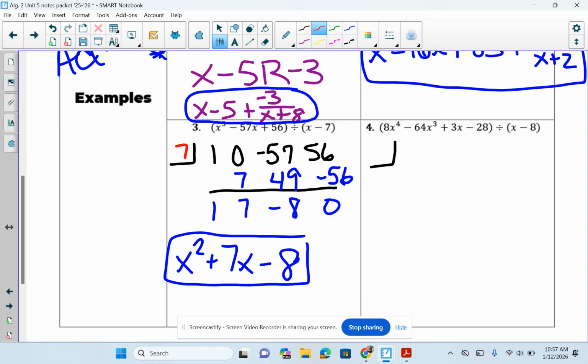What goes in the box outside on 4? Positive 8. Do I have any 0 placeholders in this one? Yeah, because I don't have any squared terms.